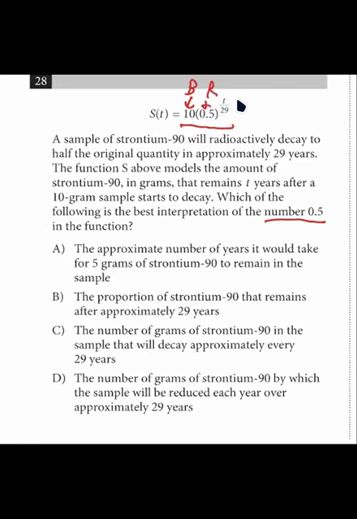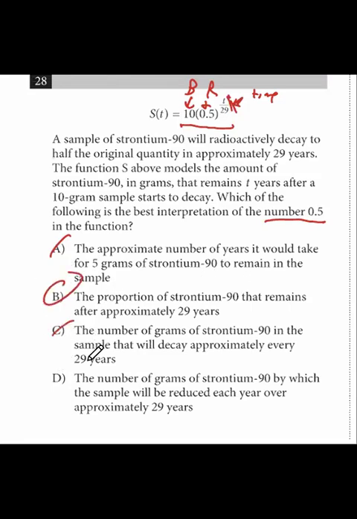And then the t over 29 is how often it happens. So in this case, time. So 0.5 means the proportion or rate that the base value changes at every t equals 29 years.